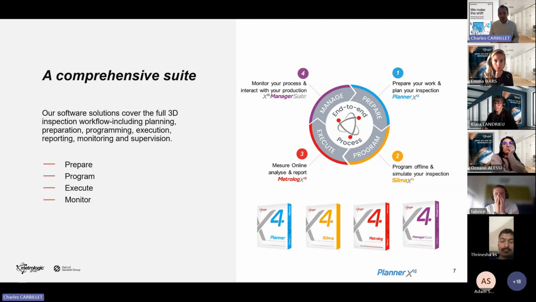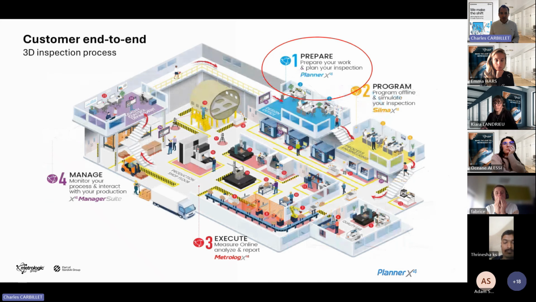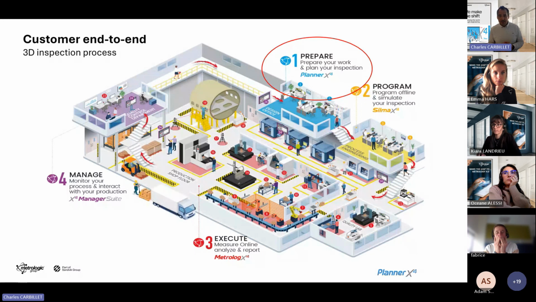If I try to schematize the concept, it's how we are thinking to approach our customers. In the first stage, we are in the design office. The design office has produced its CAD file and probably some PMI or GD&T information, and they try to keep that in the digital CAD file. At this stage, the design sometimes generates some PMI, but they are not the experts of inspection.